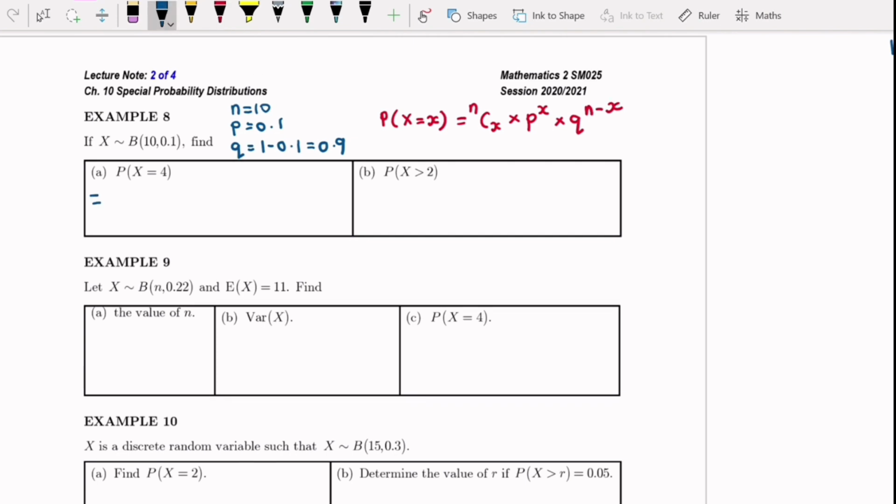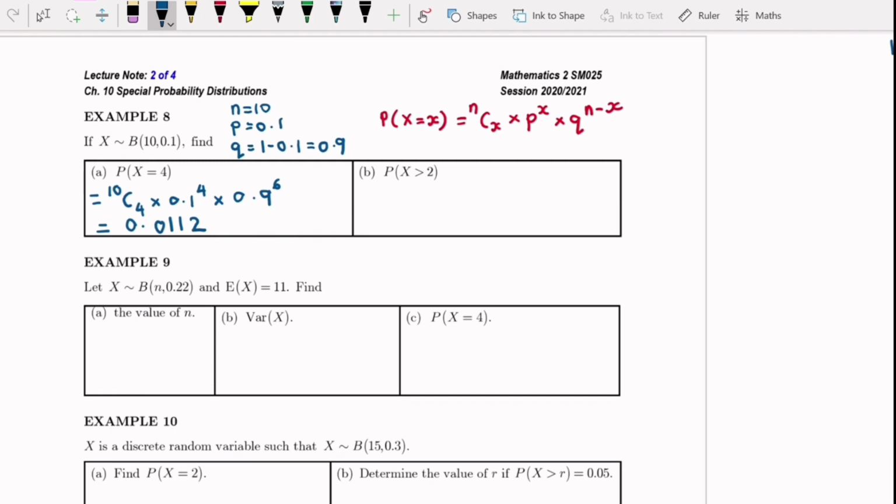So P(X = 4) equals 10C4 times 0.1 to the power of 4 times 0.9 to the power of n minus x, which is 10 minus 4 equals 6. So we can use the calculator, and we get the answer 0.0112.